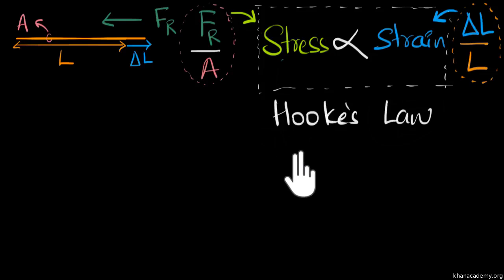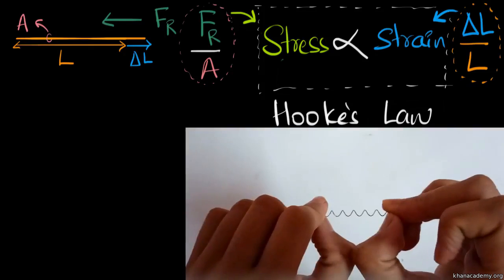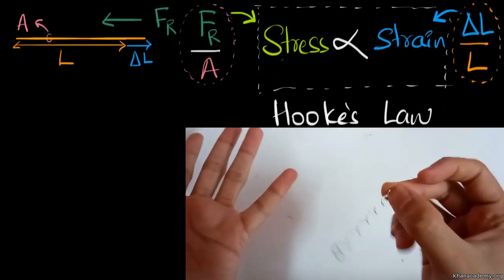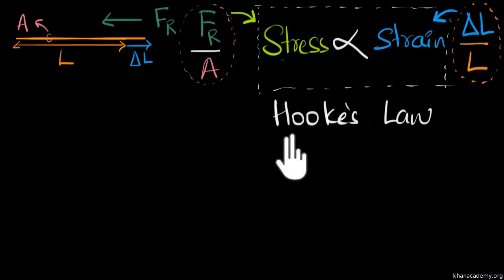But this law has a limitation. Remember that if you take a spring and if you stretch it too much, then it will not come back to its original shape. It will have permanent deformation. So Hooke's law is only valid as long as you don't strain it too much. All right? And so we usually say this only works within the elastic limits.